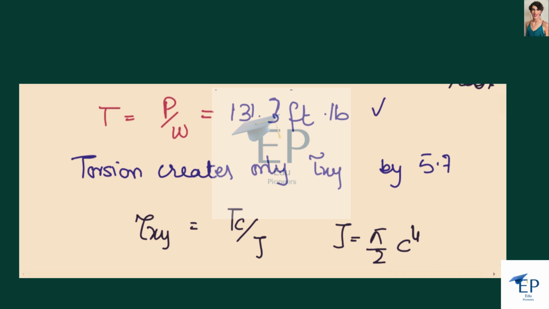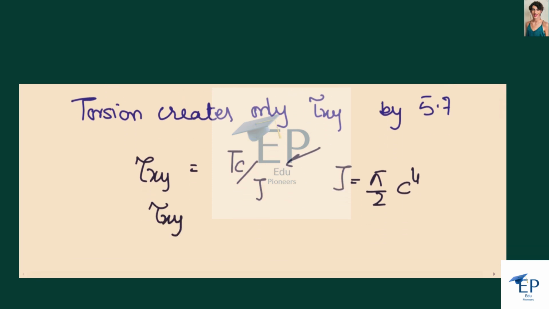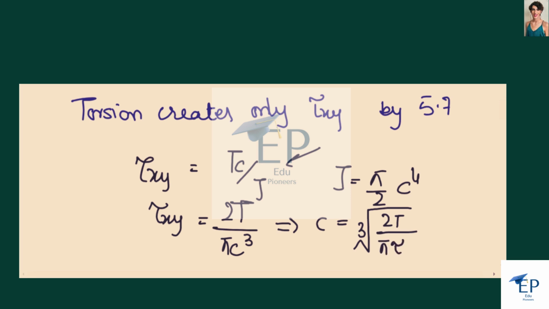So this can be rewritten as shear stress equal to 2T divided by pi times c cubed. When we solve it for c, we get that it is equal to the cube root of 2T divided by pi times the shear stress. Now this equation is the one that we'll use to find the radius, right?